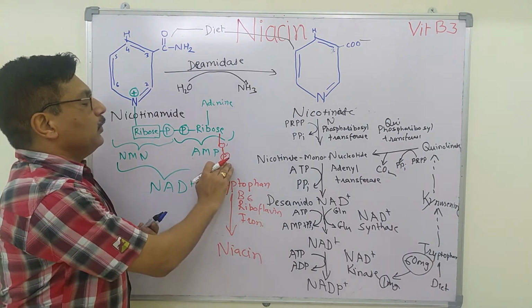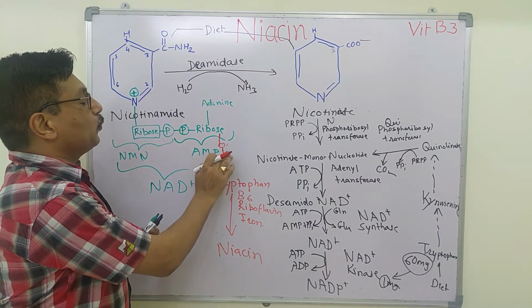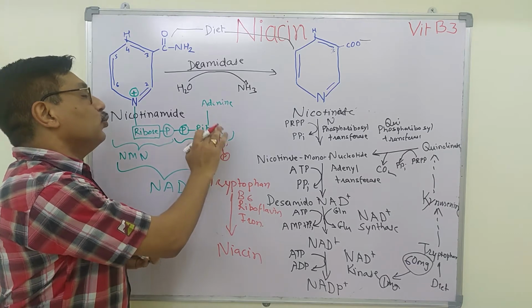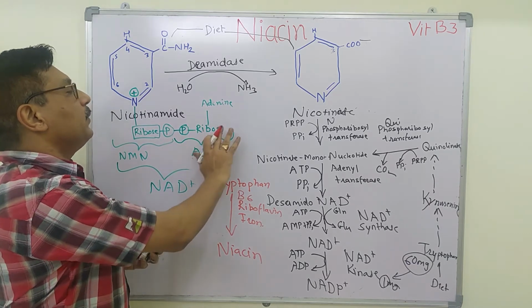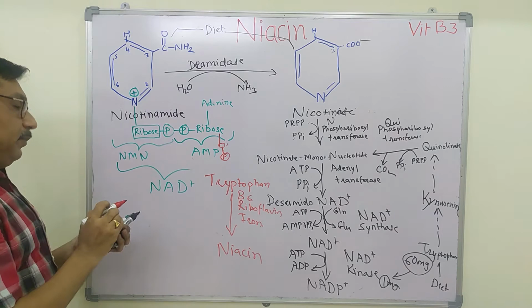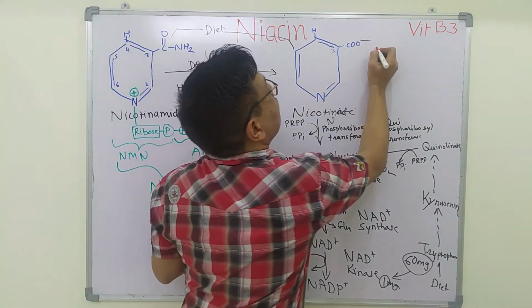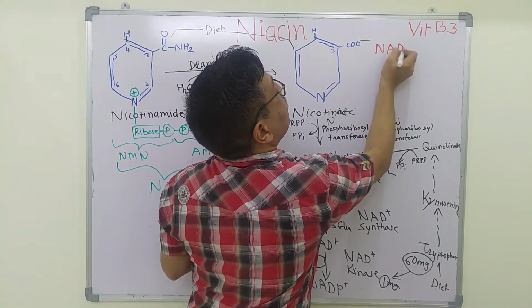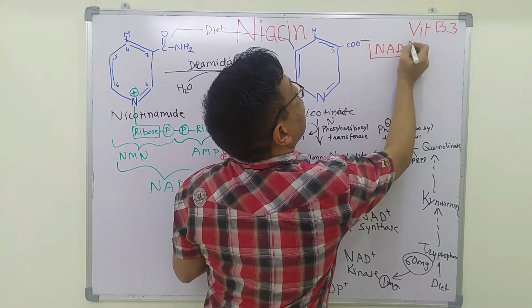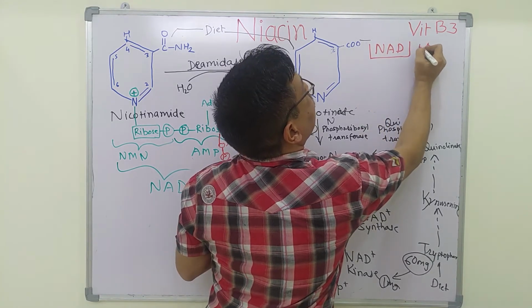This phosphoryl group on this 2' position of ribose discriminates NAD from NADP.